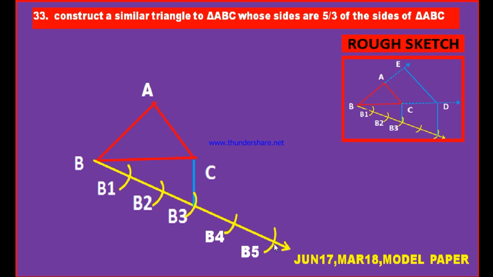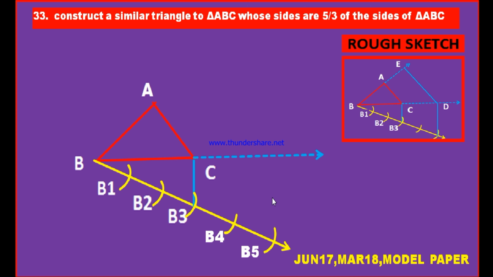Therefore, you have to draw a line passing through B5 and parallel to this. That line may come like this. Now, it should meet the extension of BC. Therefore, first of all, let us extend BC. Here is the extension of BC. Now, draw a line passing through the fifth point, that is B5, and parallel to B3C.